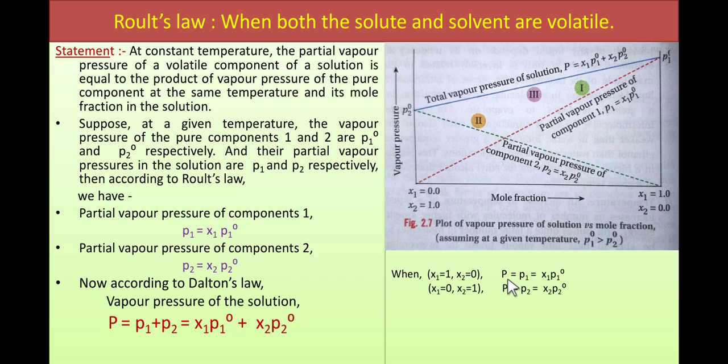Therefore, the vapor pressure of the solution is x2 into P2 naught, where x2 equals 1, that is P equals P2 naught, the vapor pressure of the pure solvent.